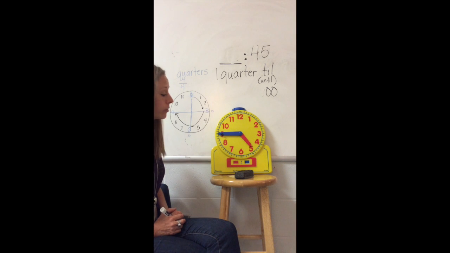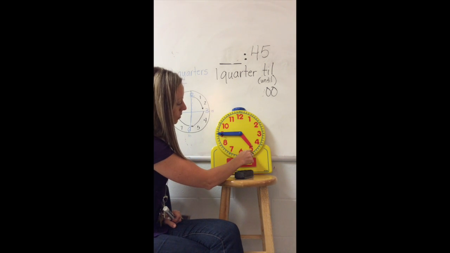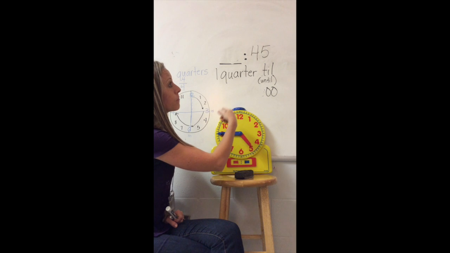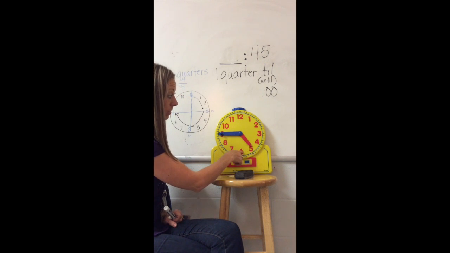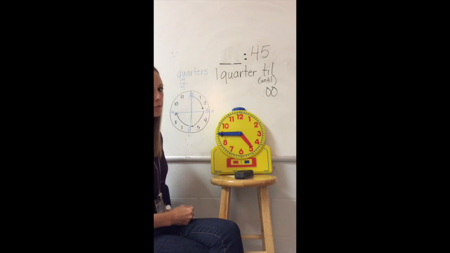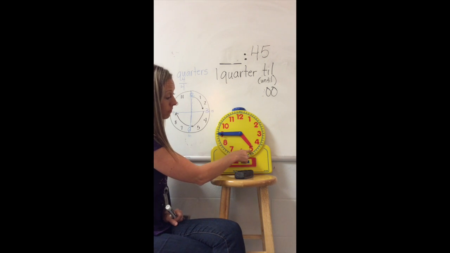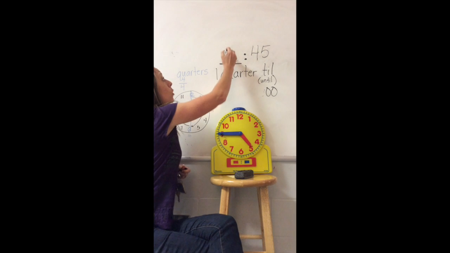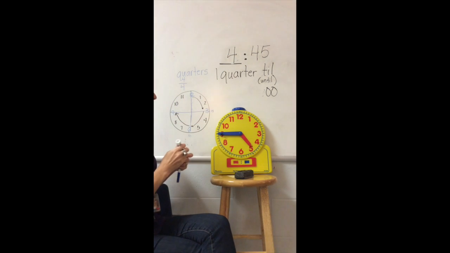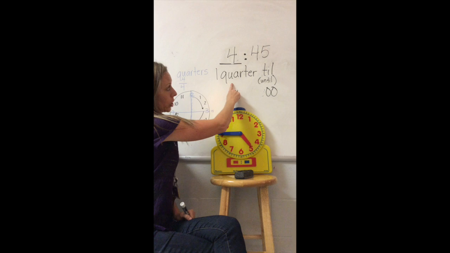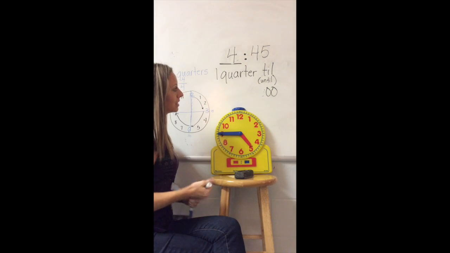That's right, it's 4:45, and that's because in order for it to be 5:45, it's going to be past the 5, right? Because it's going to be almost 6 o'clock at 5:45, but it's almost 5 o'clock. So it's 4:45, and we also can call this quarter till 5 o'clock.